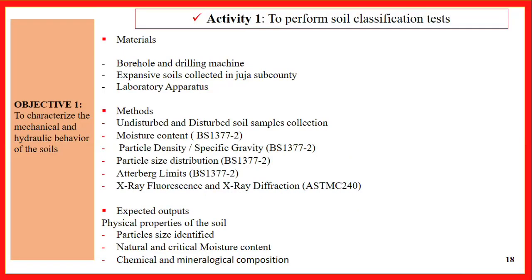For the first activity of objective 1, we will perform many soil tests in order to do a classification of the expansive soil. We expect to have at the end the physical properties of the soil, like particle size, natural and critical moisture content, chemical and mineralogical composition.